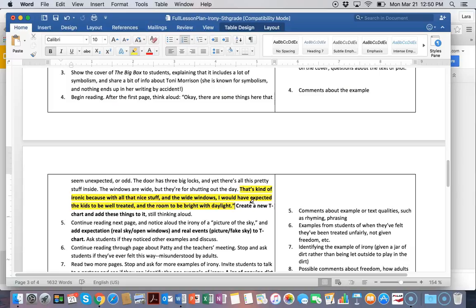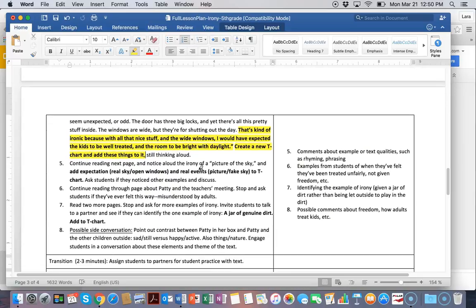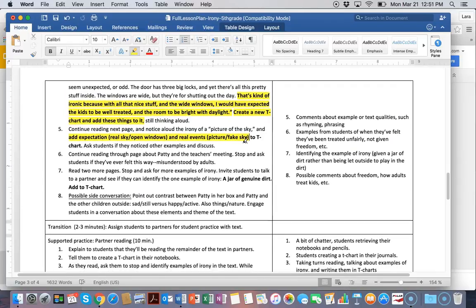However, there were locks on the door. And then we continued reading, and we added to the T-chart that there was an expectation of real sky and open windows, but then the real events, it was just a picture with a fake sky, and that was kind of ironic. And we added those to the T-chart.